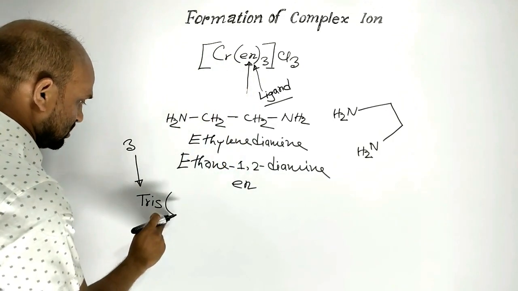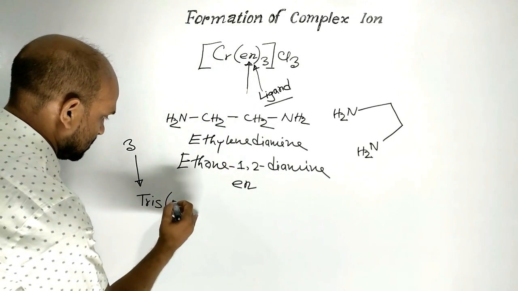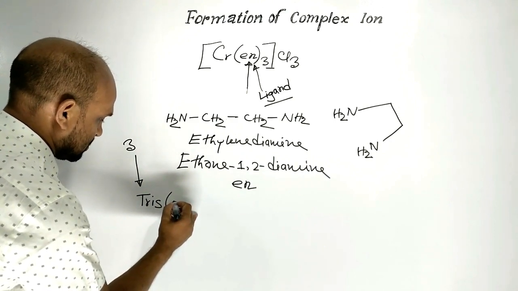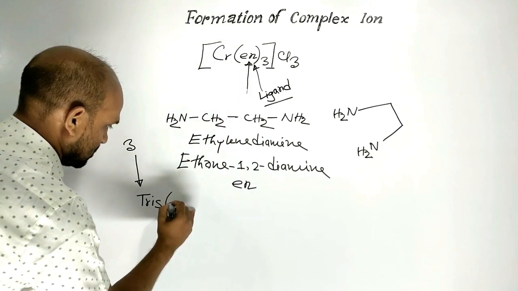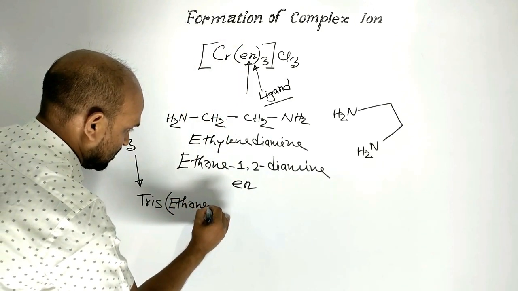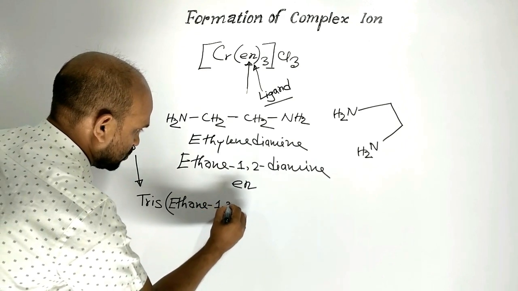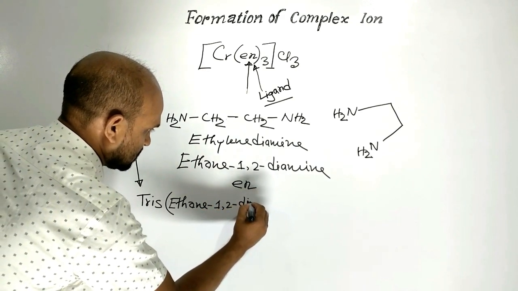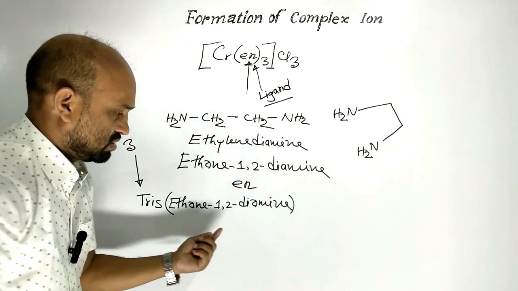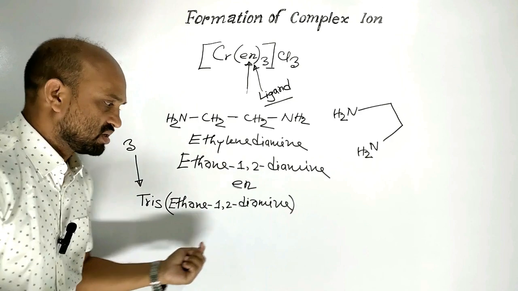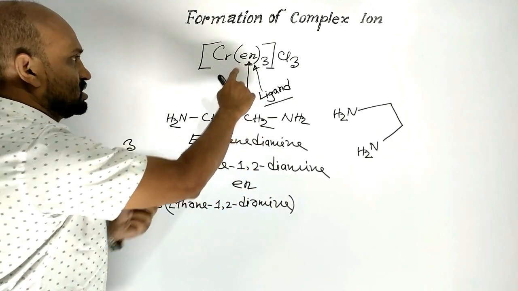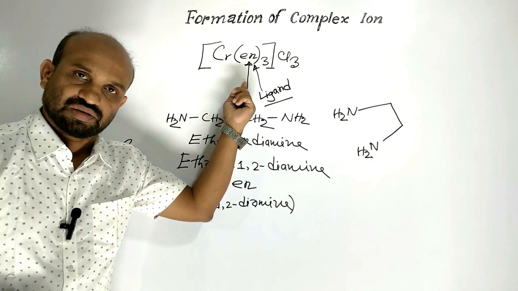That is why this is taken in parenthesis, in a round bracket. That is this one, ethane 1,2-diamine. This ligand is written in round bracket because this is bigger in size.